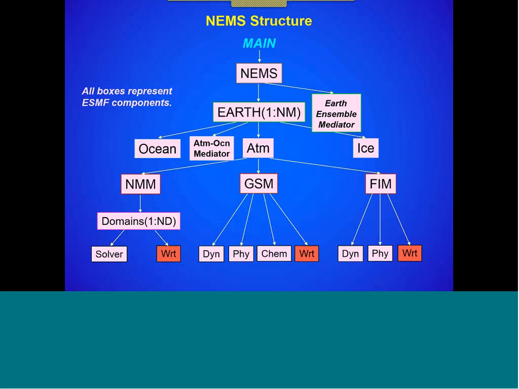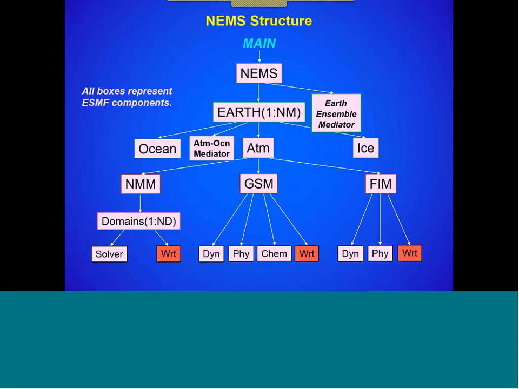So we instantiate ensembles right at the top. We can also have this Earth ensemble, and the number of Earth components here is labeled NM, but in many cases it's just one if we're not running in ensemble mode. And then this Earth ensemble mediator is our coupler of the different ensemble members, if you want to couple them together in some way, statistically or something.